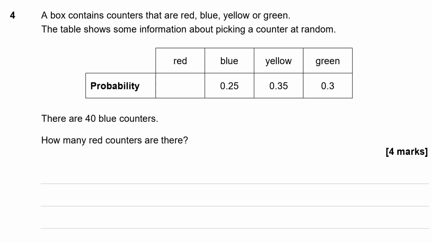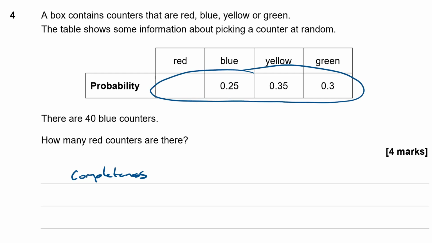Right, okay, so first off, let's see if we can work out what the probability of selecting a red was. We're going to be using the rule of completeness, which basically means that if you add all the probabilities of obtaining a different outcome in an event, it should add up to 1, because you are certain to get one of those outcomes.